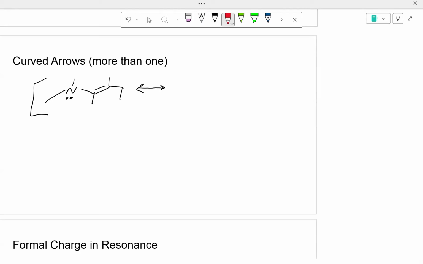Now, if I were to start with the lone pair on the nitrogen and move them towards an adjacent atom like this, if I did nothing else, what would happen to this carbon right here? I want you to imagine if I made that new double bond there between the nitrogen and the carbon, what would that look like? I'd have too many electrons around that carbon and violate the octet rule. So I must move these as well. So I'm going to move these pi electrons to that carbon.